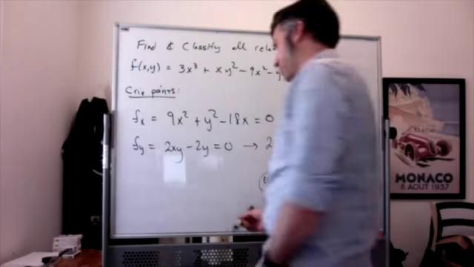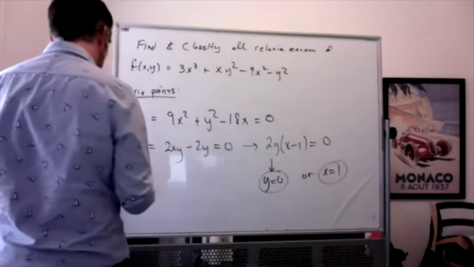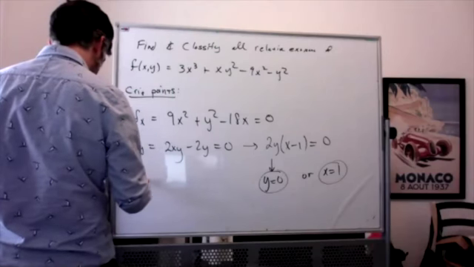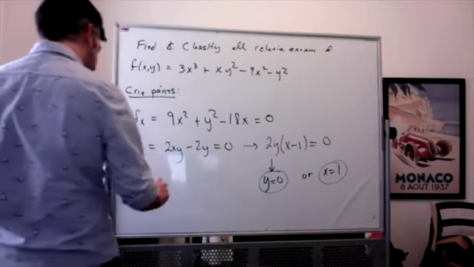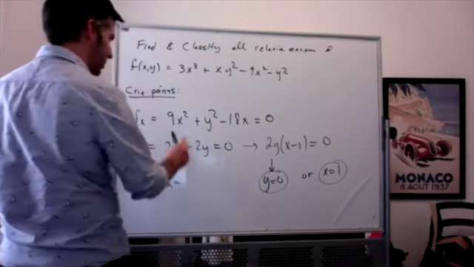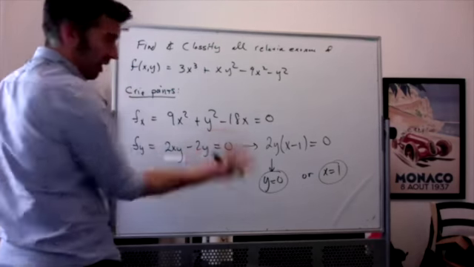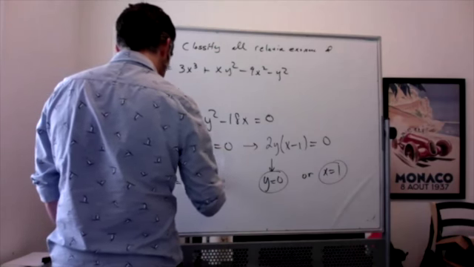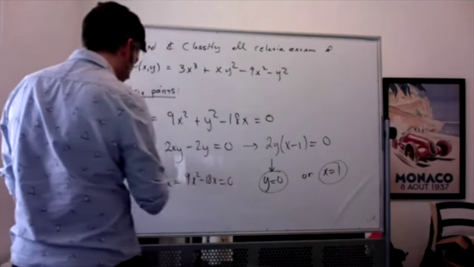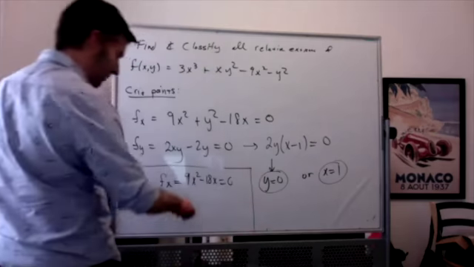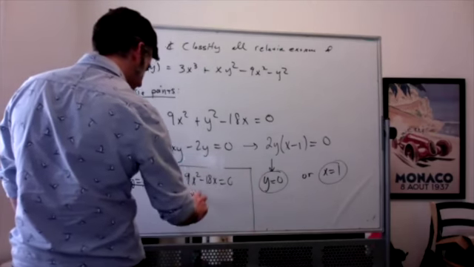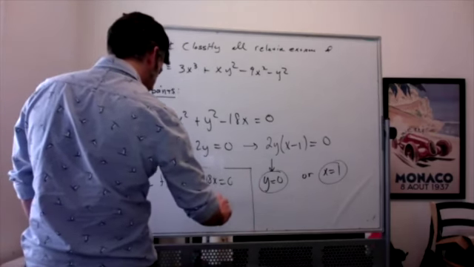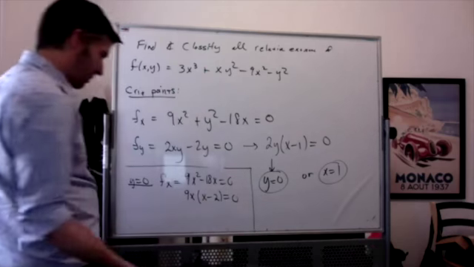So let's start with y equal to 0. If y equals 0, then fx is going to equal 9x squared minus 18x, because the y goes away. We need that to be 0. So I can factor out a 9x, with 9x times x minus 2.